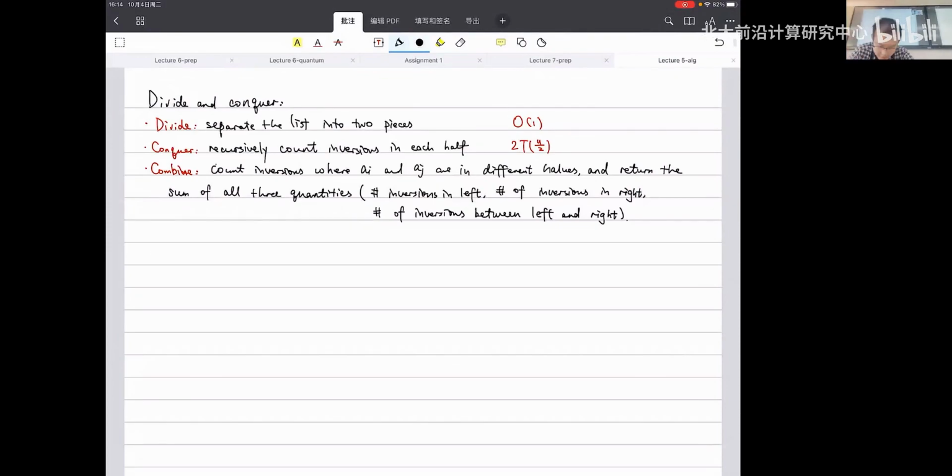The brute force way would still check all n over 2 times n over 2, which is n squared over 4, pairs between left and right. And we don't need any further calculation because this step is already n squared over 4, so this is n squared. Actually, no better than direct brute force.